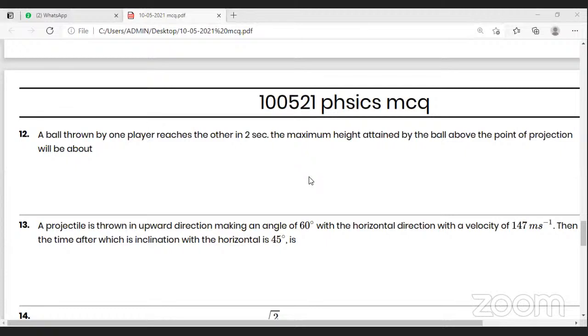In the last week, I completely explained the problems in motion in 1 dimension, and now it is motion in 2 dimensions. In motion in one dimension, I explained velocity, displacement and acceleration problems, uniform accelerated motion, non-uniform accelerated motion, random motion, and now it is two-dimensional motion.